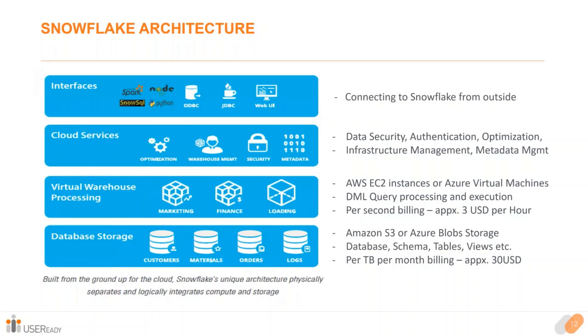There is also a special fifth type, VPS, virtual private Snowflake. If your data is so sensitive and your compliance is so strict, then you can go ahead and buy a VPS account. It is just like a VPC in AWS terms. You will have your own virtual private network, and that's where all your data gets hosted.